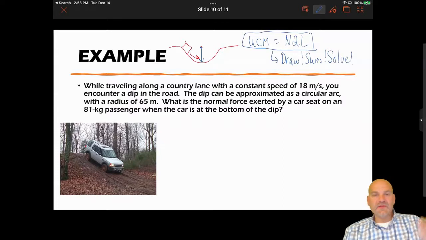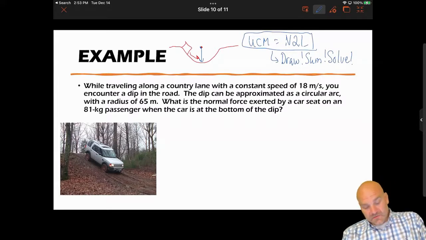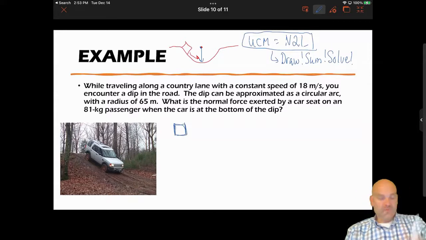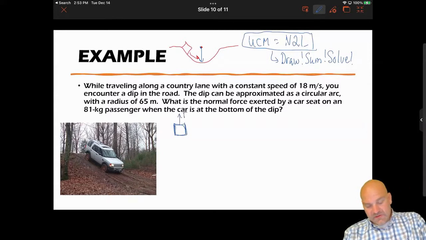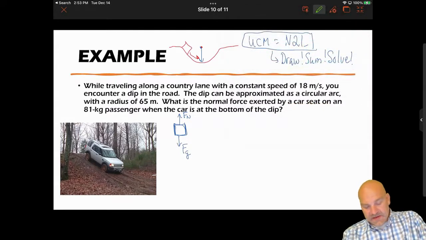Okay, so I'm looking at the person sitting in the car, but understand this: everything's doing this action. So the person's experiencing 18 meters per second in a dip that's 65 meters. If I'm looking at the person on their seat, I only have 2 forces. I have the normal force that is provided by the car seat, and then I have the person's weight down. Now, with the dip, I have an inward centripetal force.